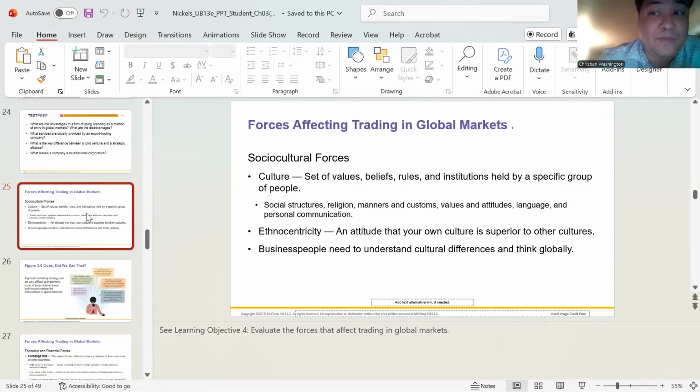Ethnocentricity is important. You can be in a country and not realize there are so many different ethnicities and values. So it's going to affect your product, your service, your branding. You have to know what you're doing. You have to know who you're targeting.